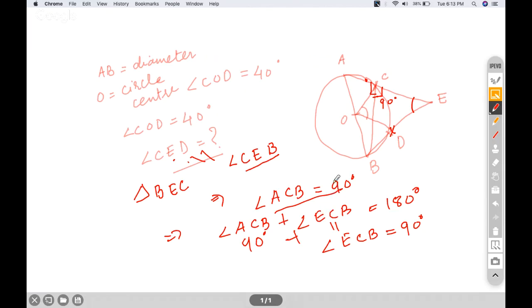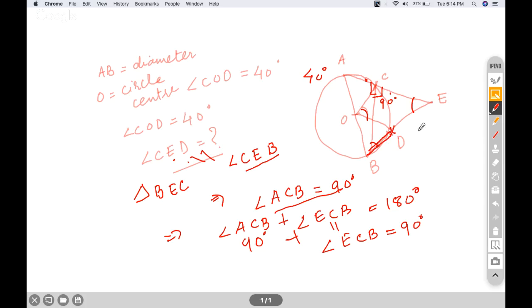Now let me try to find out the other angle. I have already got this angle. Now I need to find out this angle. What would be this angle? So how to find this angle? Try to understand. This angle has been given as 40 degrees. So look at this angle DBC.